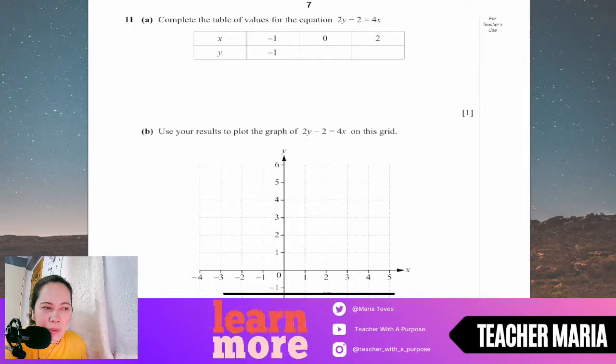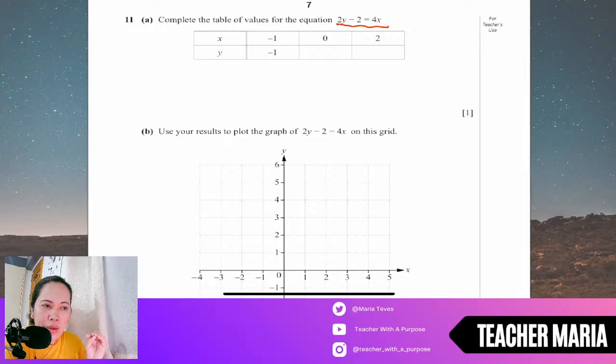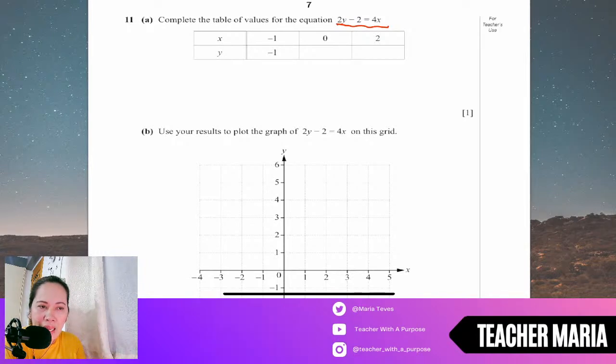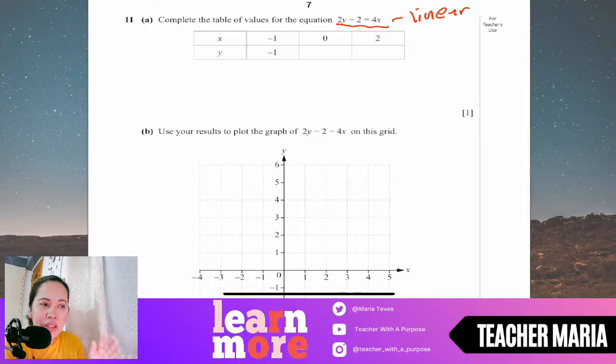So, for question number 11, you are asked to complete the table of values for the equation 2y minus 2 equals 4x. The first thing that you have to do is identify what kind of equation this would be. Since you only have a first degree y and a first degree x, that means this is a linear equation. So it's a line because it's only a y and an x.